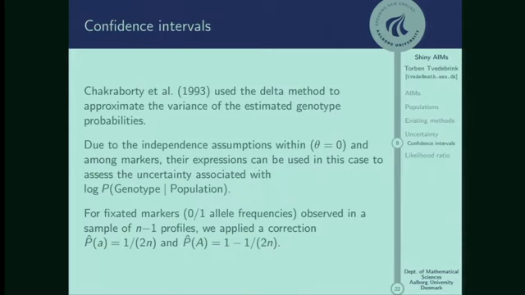Of course, fixated markers would appear quite often, because you select these markers to be distinctly distributed in the different populations. So for some populations you would find that it's fixated, so depending on what allele you're talking about, either 0 observed or all of them are observed, that being type A, say.